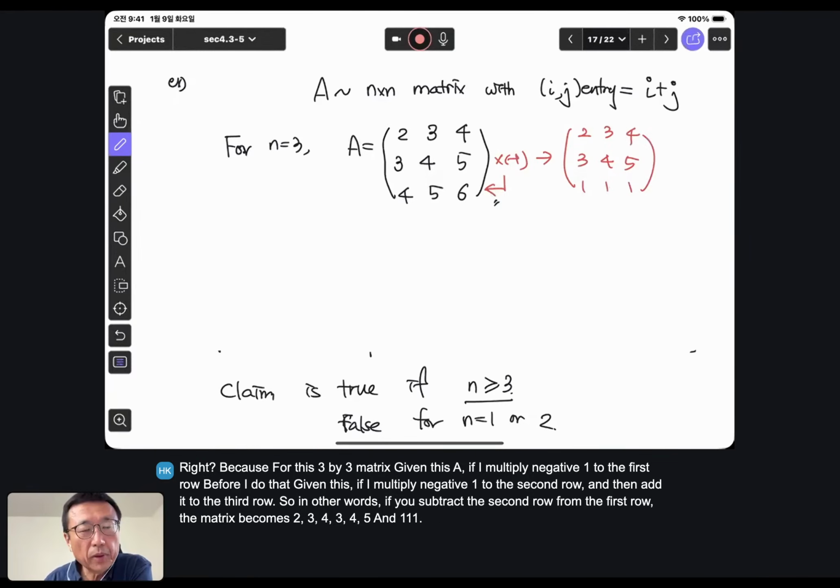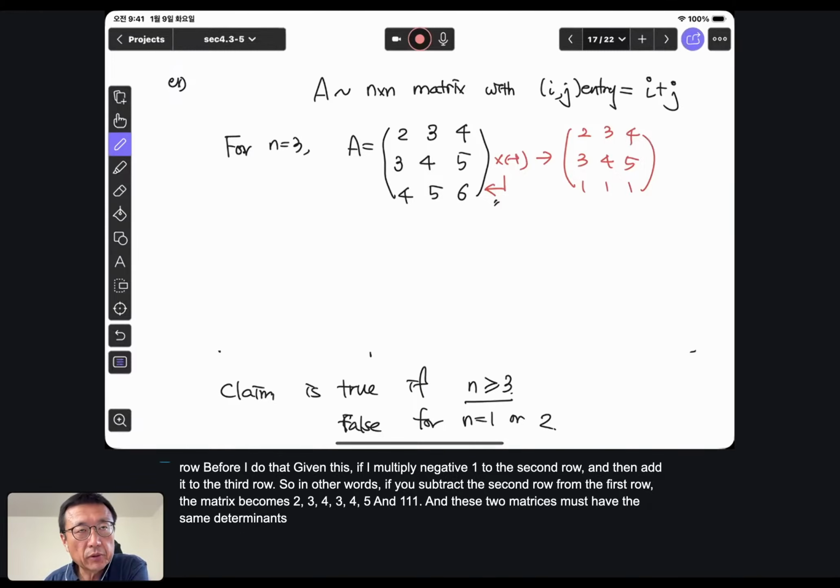And these two matrices must have the same determinants, right?